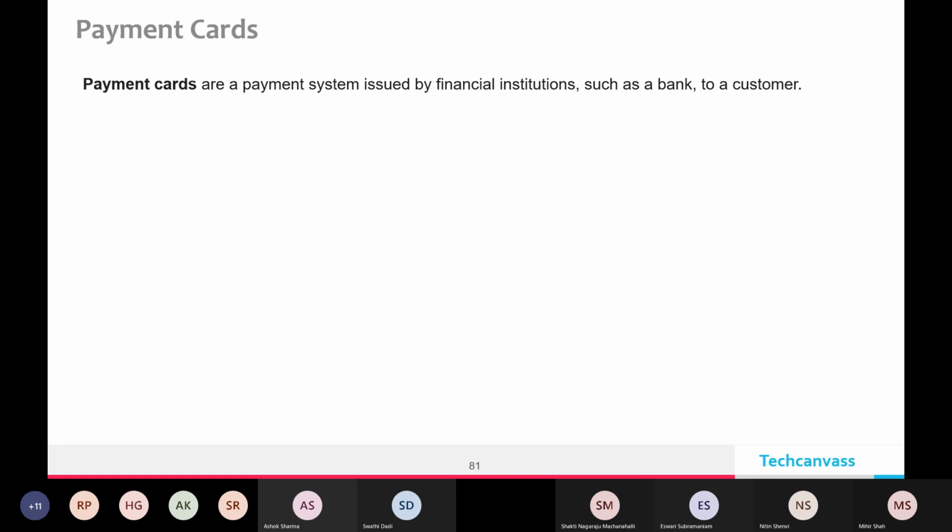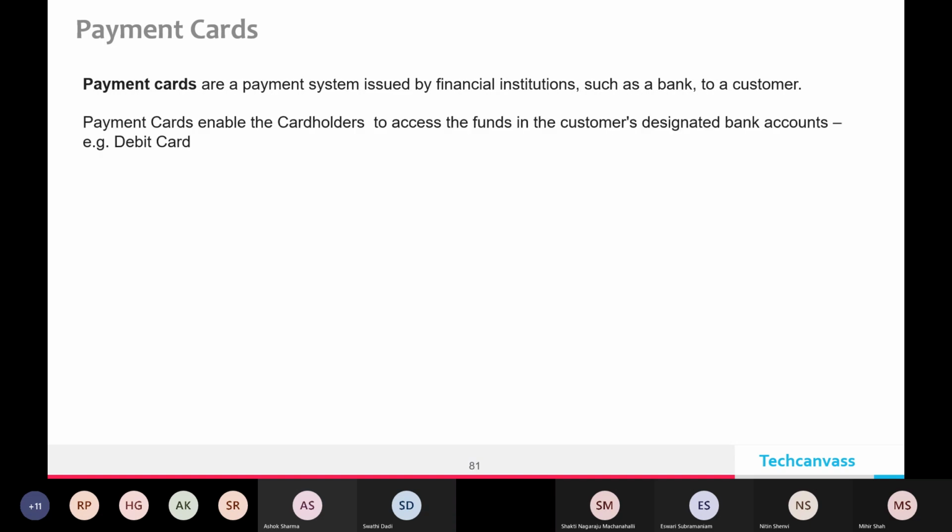If you look at any payment card, a payment system is attached to that card, and that payment system is linked to a certain account or certain funds. A payment card enables the card holders to access the funds in the customer's designated bank accounts. Then we call it a debit card.